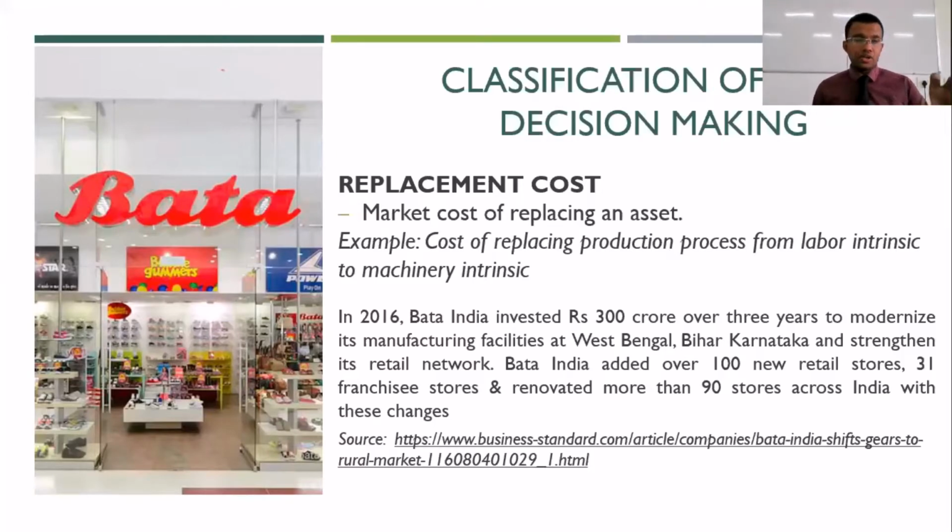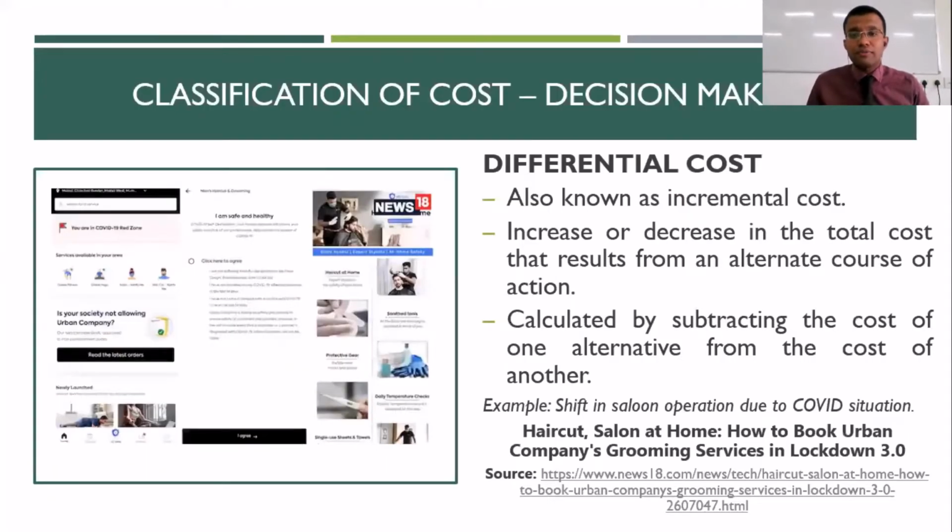So notice how the company invested into modernization of its plant, and how the benefit translated to the sales of the company. All this together is what is called the replacement cost of the firm.